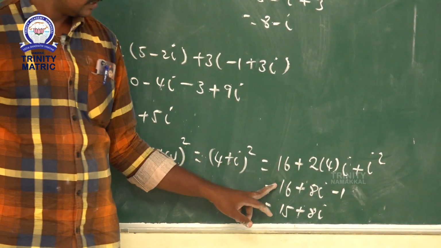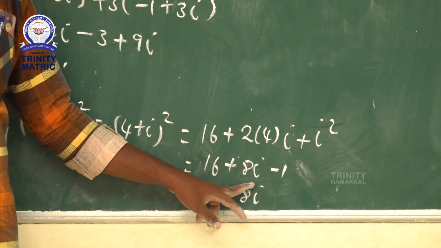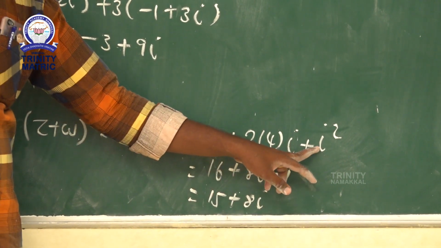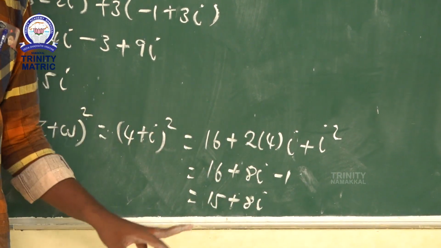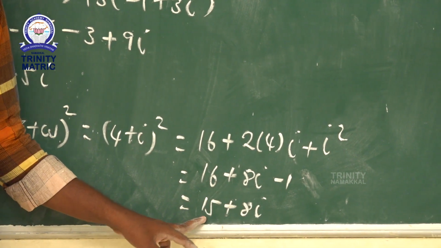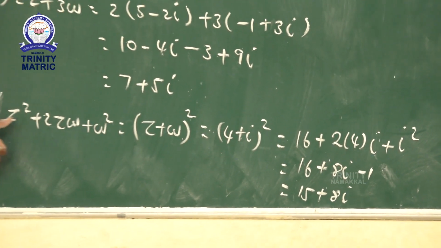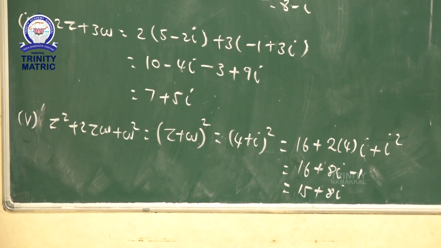Here 16 is the real part, and then 4 times 2 is 8, so 8i is the imaginary part, and i squared is minus 1. So for the real parts, 16 minus 1 is equal to 15. So 15 plus 8i is the answer of z squared plus 2zw plus w squared.